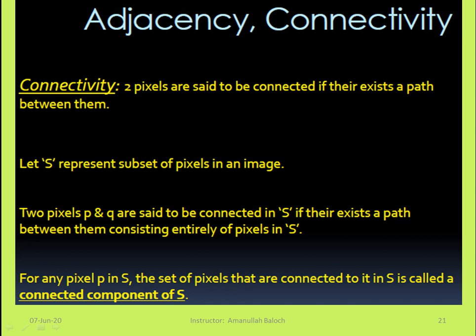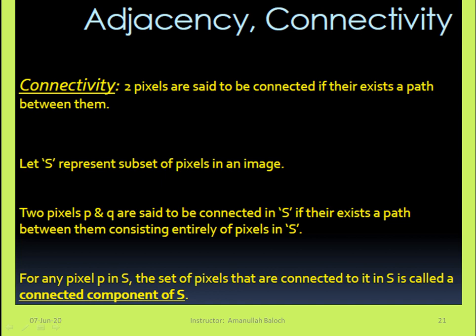Two pixels P and Q are said to be connected in S. In this subset S, we have to select two pixels: one will be denoted as P and the second will be denoted as Q. If there exists a path between them consisting entirely of pixels in S, they are connected.